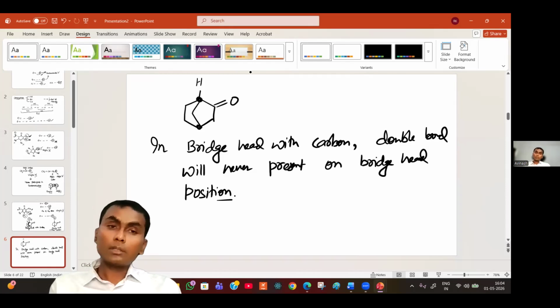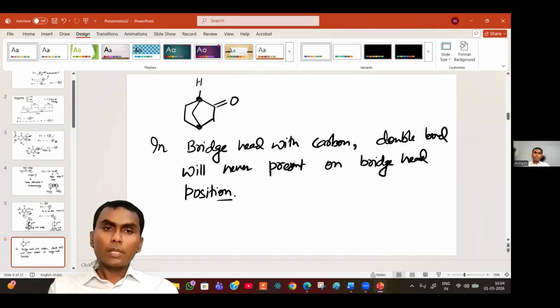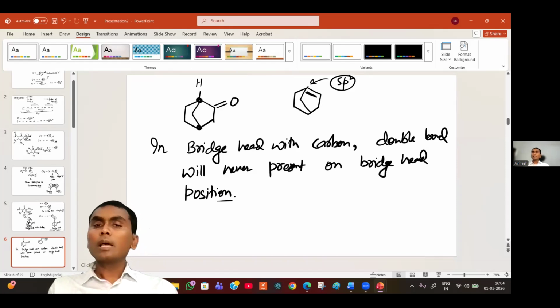Why? Because on this position, if a double bond is present here, then sp2 hybridization arises, and sp2 means what? There is planarity.